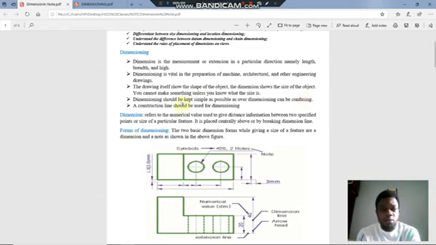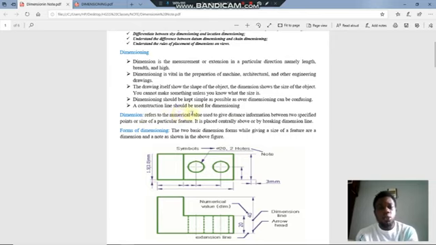Dimension should be kept as simple as possible, as overdimensioning can be confusing. When a particular drawing is overdimensioned, it could be very complex and difficult to understand. So dimension should be kept simple and precise.